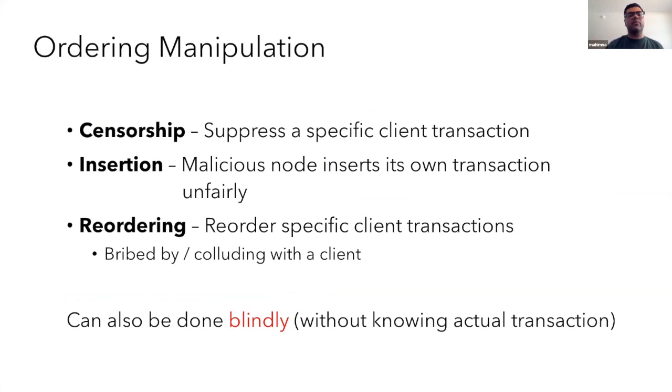For example, a miner can censor specific client transactions or insert its own transactions before or after a client's transaction. They can reorder specific transactions, or could be bribed or collude with a client, and all of this can be done blindly without actually knowing the transaction data as well.